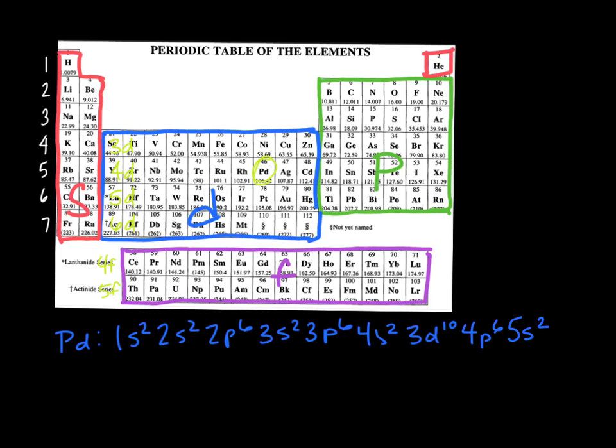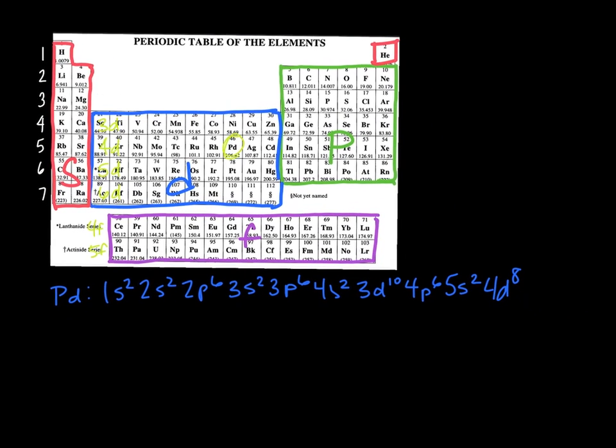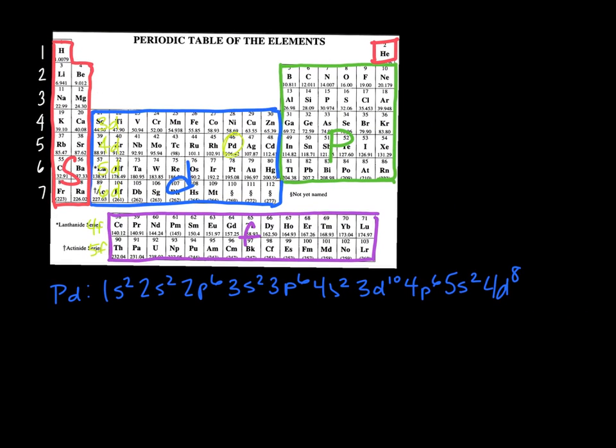And then last, we will have 4d, 1, 2, 3, 4, 5, 6, 7, 8. 4d8. Now the orbital notation is going to take a little time and a lot of space.